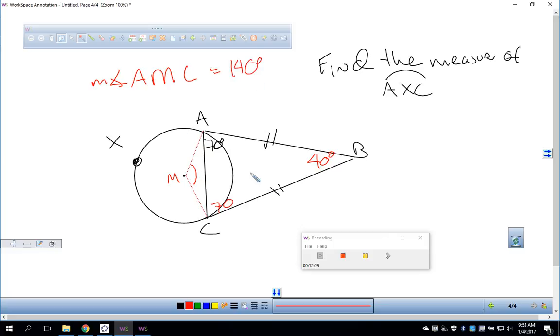Which means this arc over here is 140, right? Which means this arc over here would have to be 140 subtracted from 360, right? Which would be what? 220.